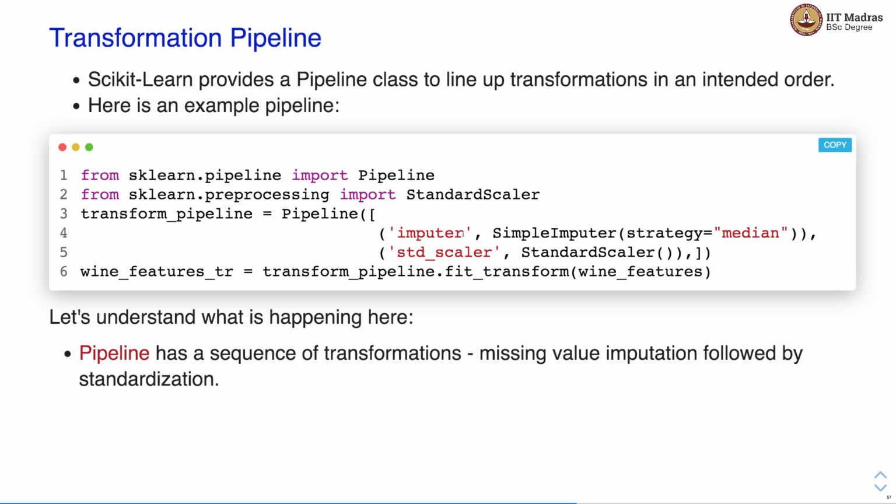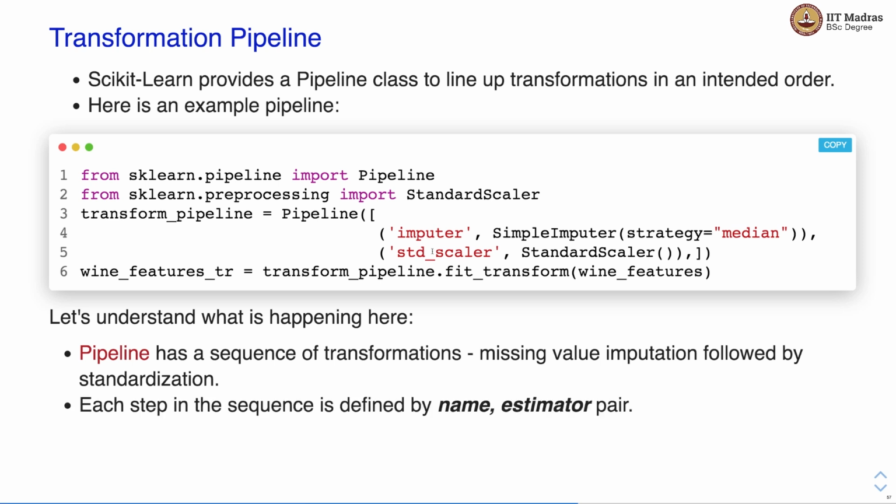One is the imputer transformation and second is standard scaler transformation. The imputer transformation helps us to fill up the missing values, whereas standard scaler helps us in standardization. You can note that each step is defined by the name and the estimator pair.